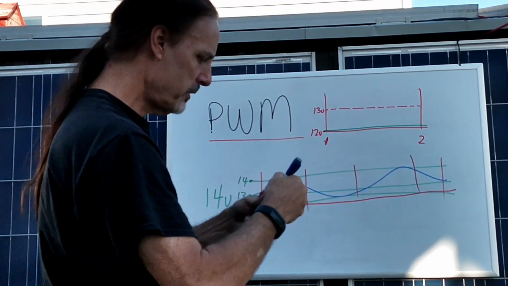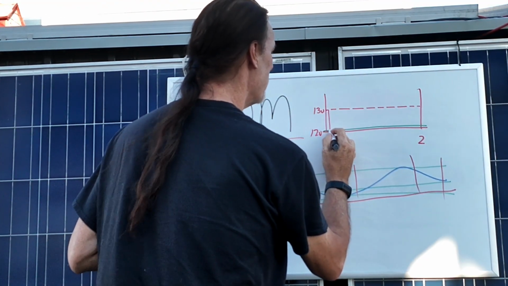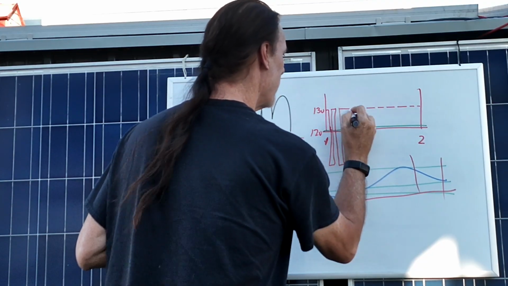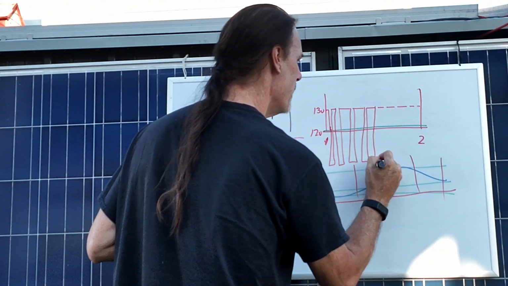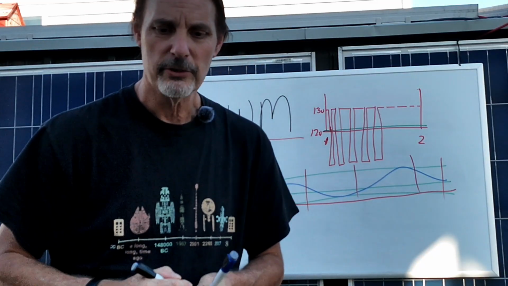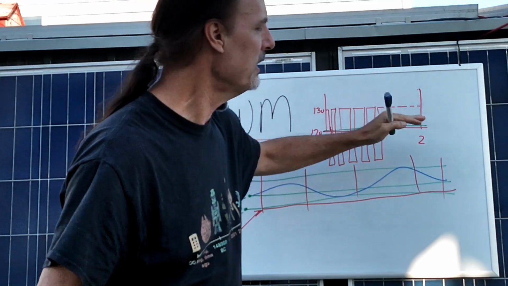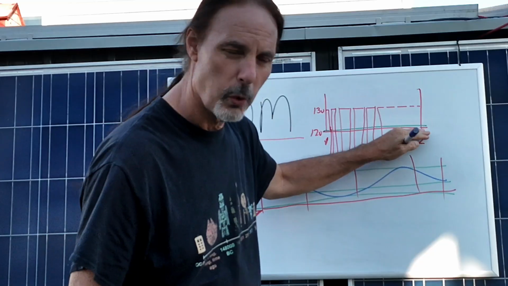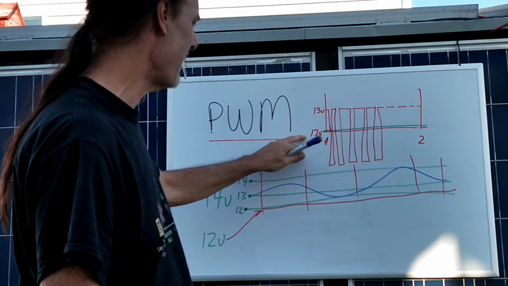And so your electricity in your power in here actually dips to 0 and then comes back up, and then dips to 0 and comes back up, and dips to 0 and comes back up. Just like this. Now, keeping in mind, this is 1 second, and this is doing it thousands, if not millions of times in a second in order to regulate that voltage and thus bring you down to 12 volts, or what would be perceived as 12 volts by the device.